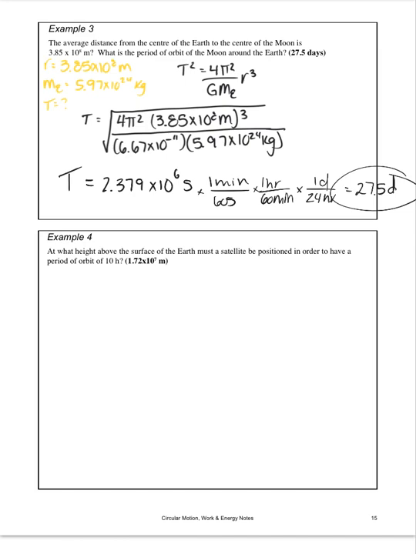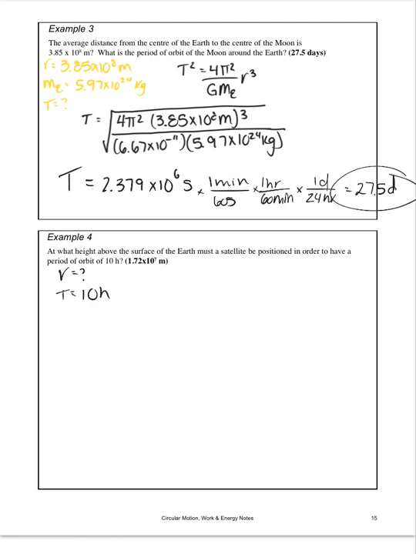All right, at what height above the Earth must a satellite be positioned in order to have a period of orbit of 10 hours? So we are looking for the radius, because with the radius, I can find the height, or subtract the Earth's radius to find the height. We have the period of rotation is 10 hours. Now, period of rotation must be in seconds.